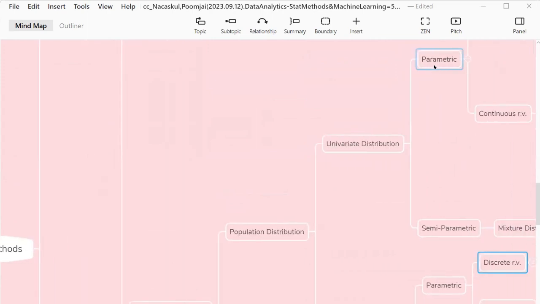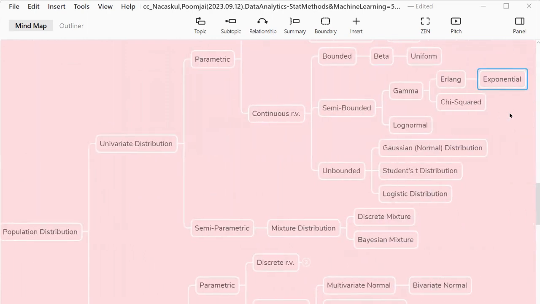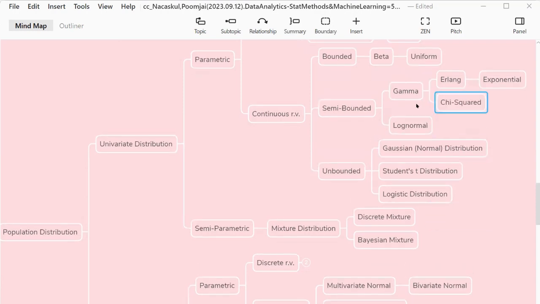Forget this one. I only do parametric. It's a continuous random variable, right? It's semi-bound. So it's either gamma or log normal. There's a special reason why this is a special case. But okay, gamma or log normal.